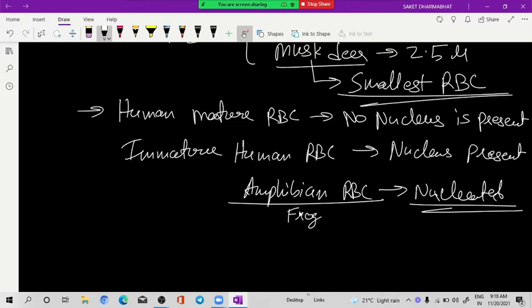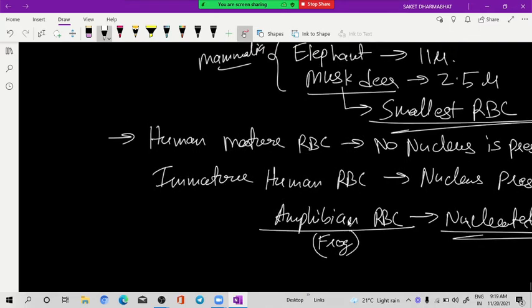Amphibian like frog. Even in bird RBC also nucleus is present. Except mammal, all RBC contains nucleus. Fish RBC, amphibian RBC, reptile RBC, bird RBC, all RBCs have nucleus. But our mammal RBC is the only one not having nucleus.